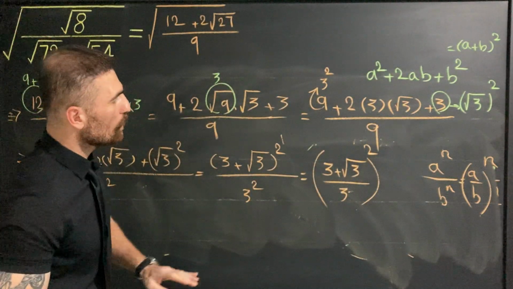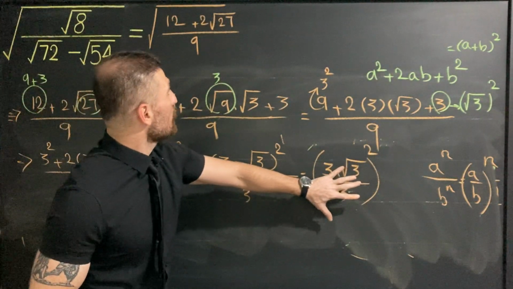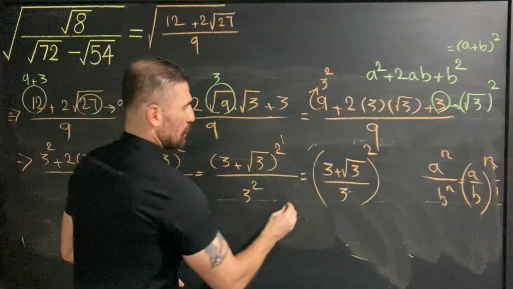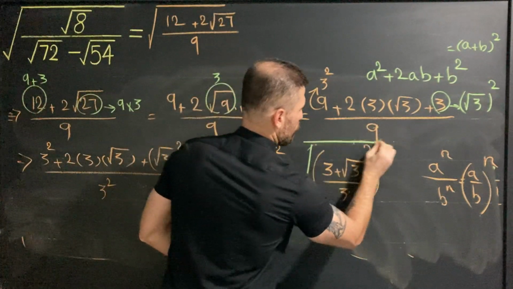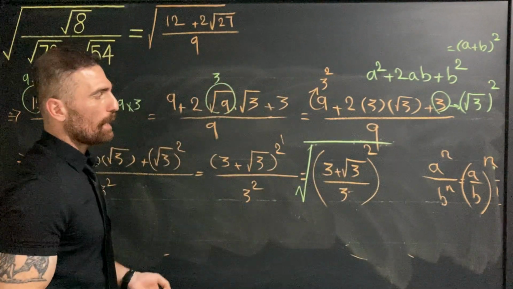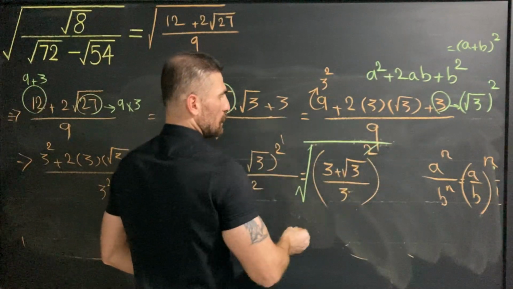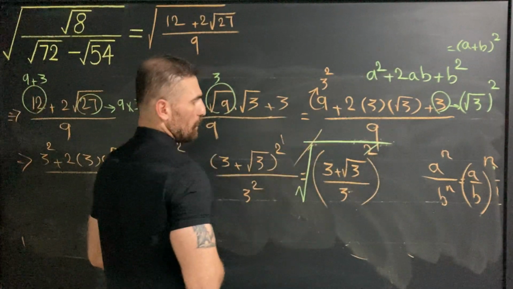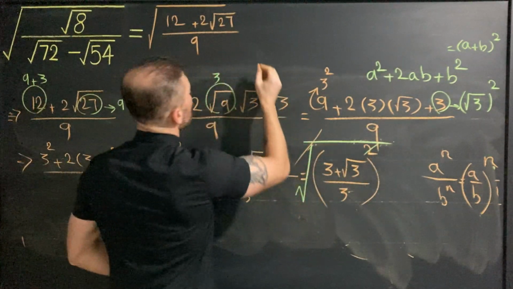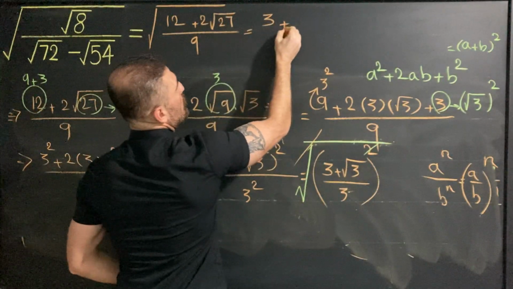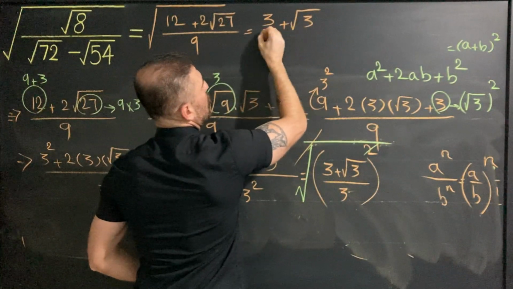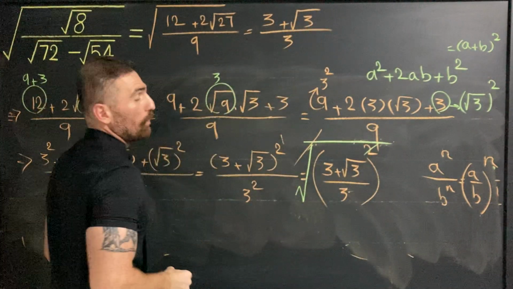Now, we are going to find out the second root of this expression. So, what is the answer? These two as exponent, these two as root can be cancelled off. So 3 plus second root of 3 over 3 is our final answer.